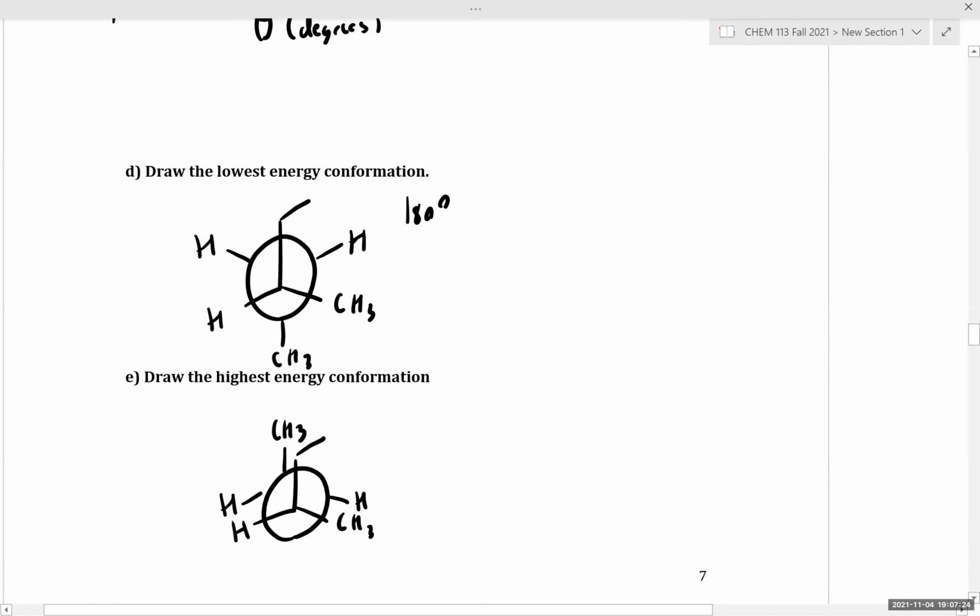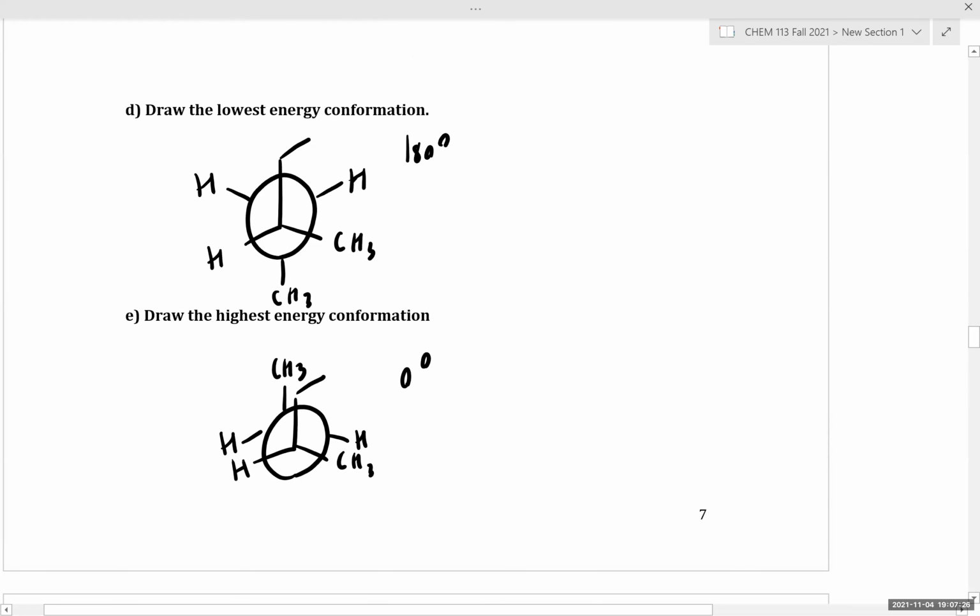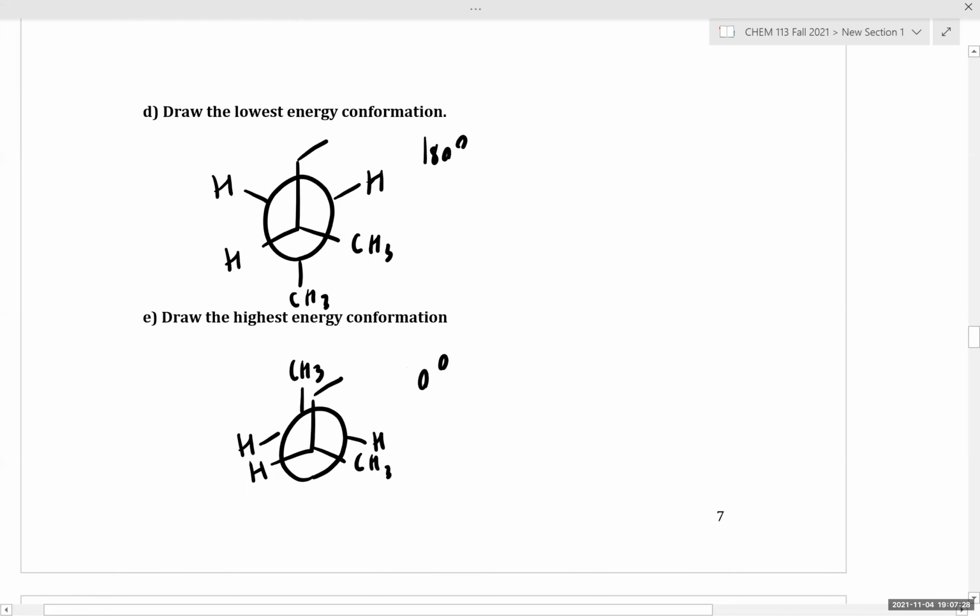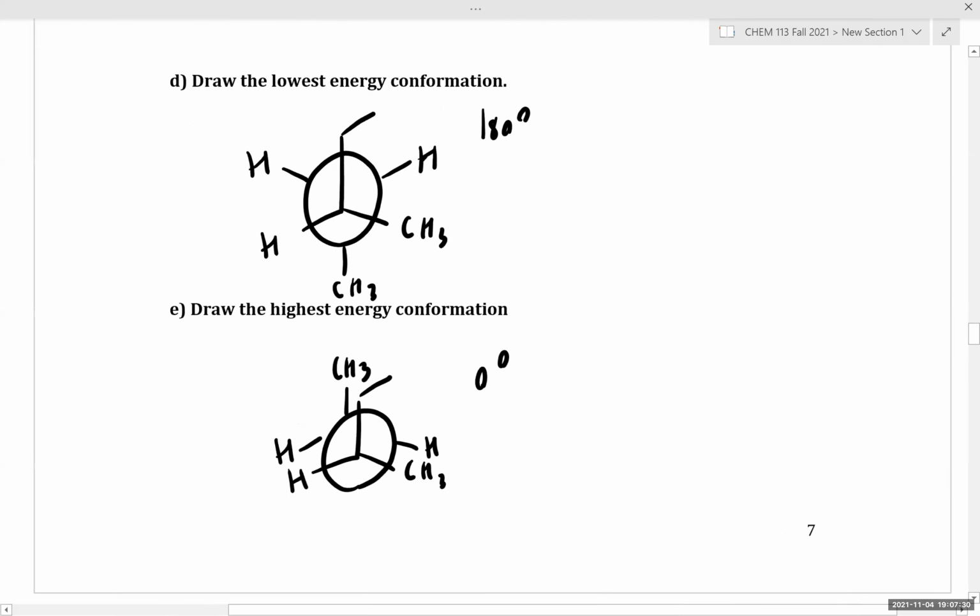Perfect. So with that, we've completed and answered all parts of this problem. Any questions on this problem?